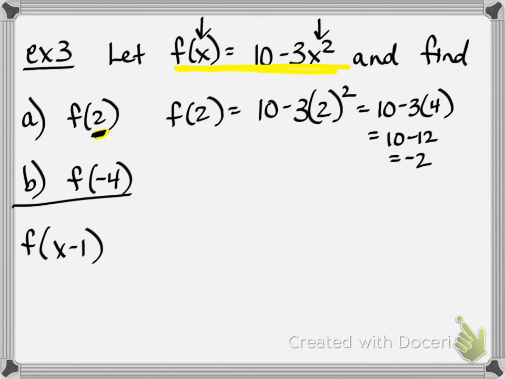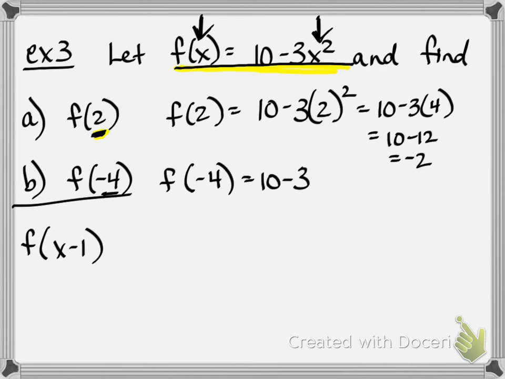Now B part is going to work really similarly. You're going to go back to your function rule, but everywhere there is an x, you're going to put negative 4, because that's the x value. So f of negative 4 is 10 minus 3 times negative 4 squared.